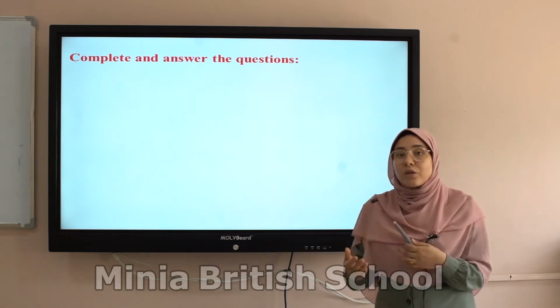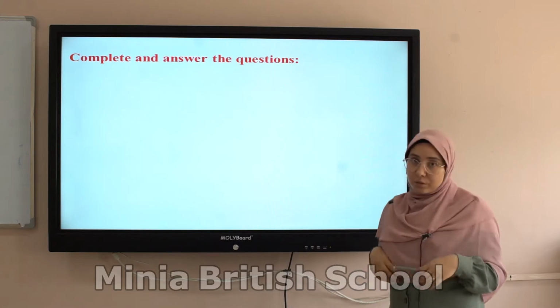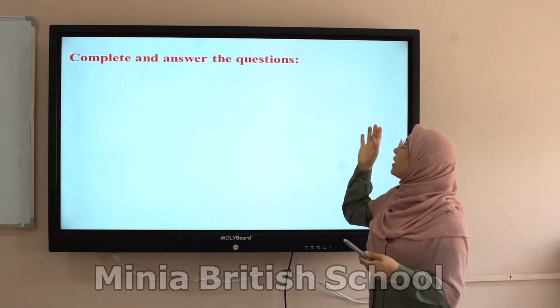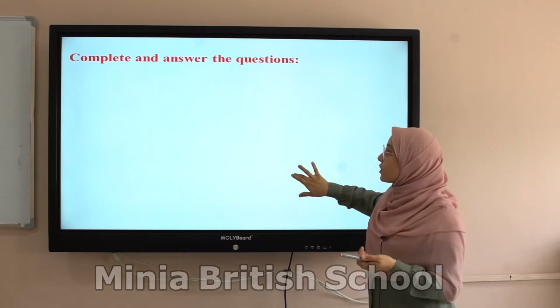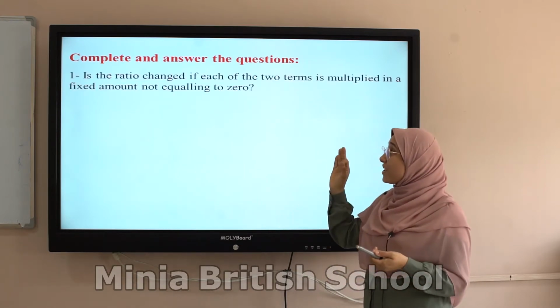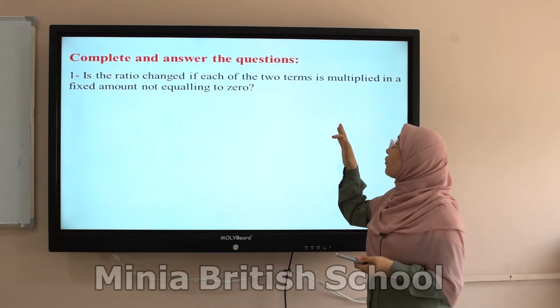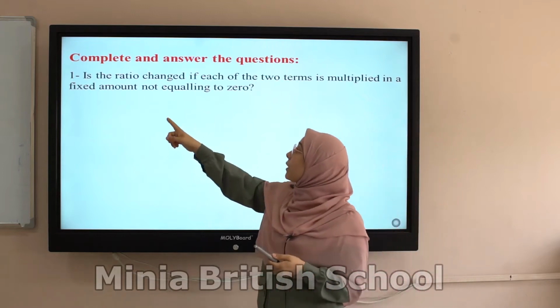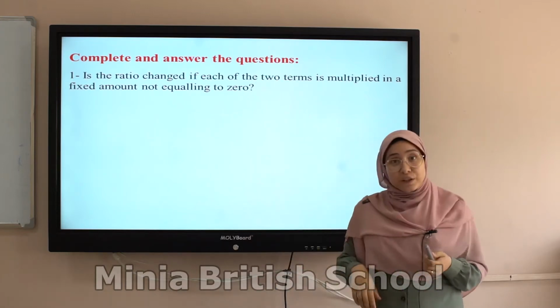To know the properties of the ratio, we have examples. The first example: complete and answer the question. Does the ratio change if each of the two terms is multiplied by a fixed amount not equal to 0?